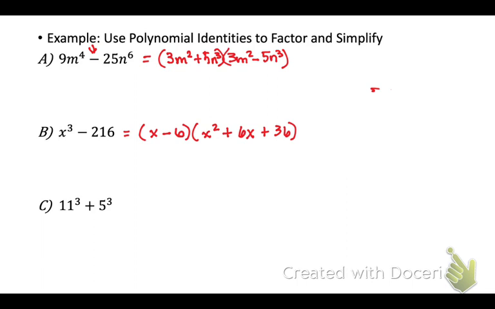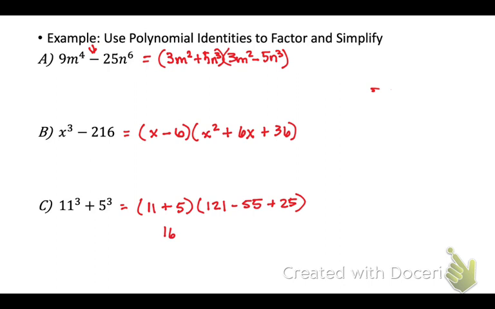Okay, again, I'm not giving you any of these, but we'll do it. It's good for our brains to do things we don't like, right? So 11 cubed plus 5 cubed. Well, the cube root of 11 cubed is 11, plus the cube root of 5 cubed is 5. And then 11 squared is 121. Minus 55. Plus 25.